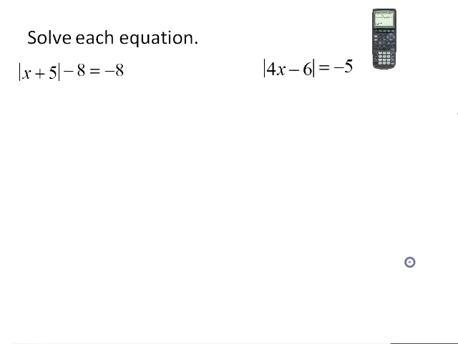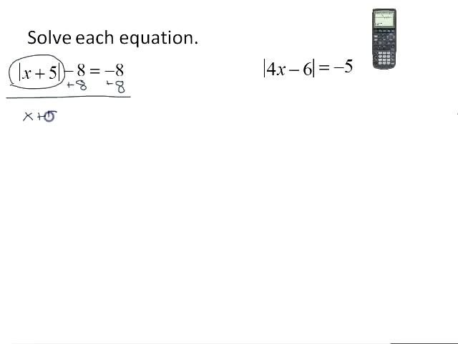Let's just look at a couple more here. In this equation, absolute value of x plus 5 minus 8 equals a negative 8. The first thing I have to do is get the absolute value part by itself. So I've got to add 8 to both sides of my equation.